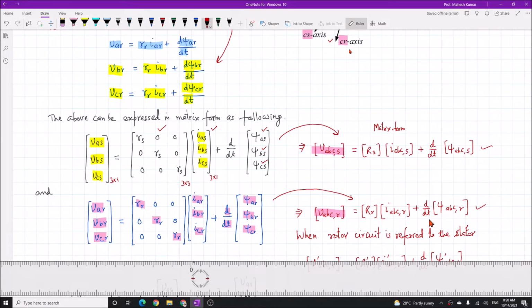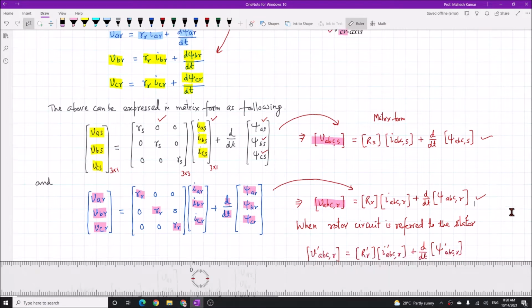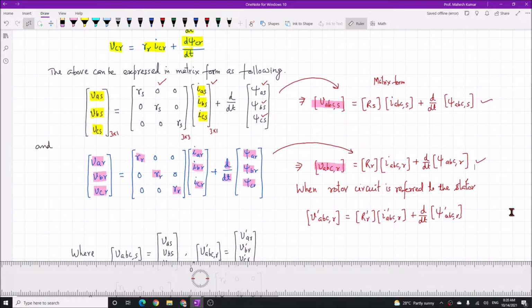Normally, when we analyze, we use the machine quantities referred to one side. For example, rotor referred to the stator side. So this rotor equation has to be transformed to stator side parameters, and therefore the prime notation or dash notation will come here.